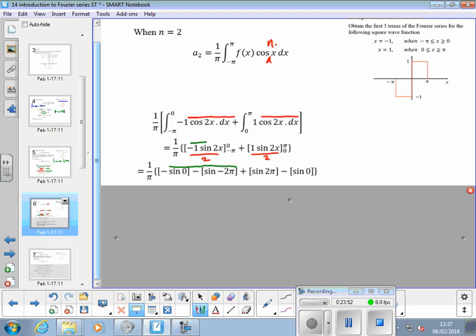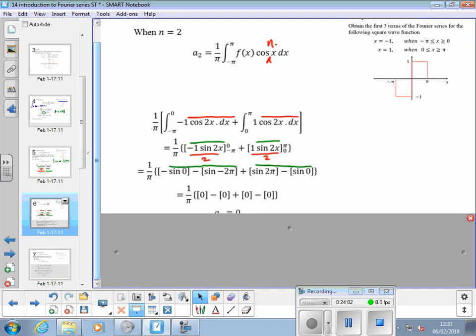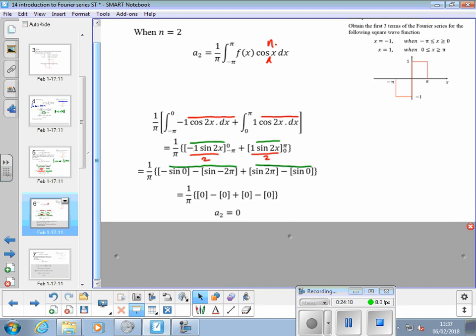That bit is due to that bit is due to that bit. Ultimately, I didn't make a mistake because nothing over 2 is nothing, and 1 over pi times nothing is nothing. There are no cosine terms in the square wave function Fourier series. Okay, but we've proved it.